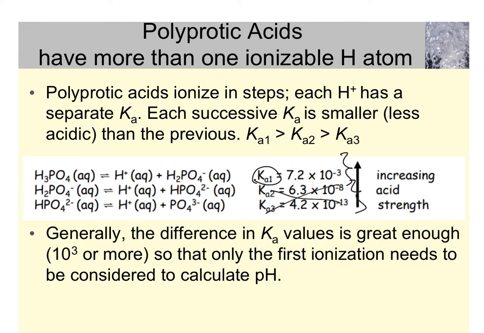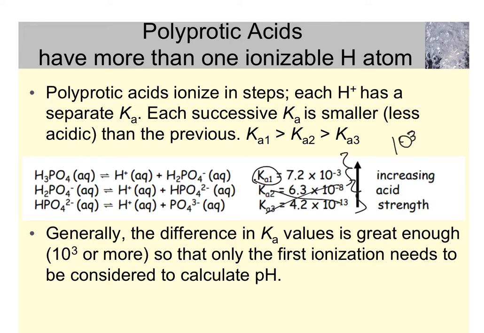And the rule of thumb is if there's at least a difference of 10 to the third, or 1,000, between the first ionization and the second, for example, it's usually safe to ignore the second one. It won't contribute significantly to making the solution more acidic.